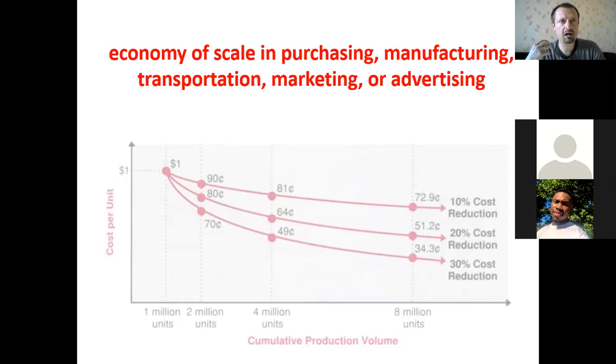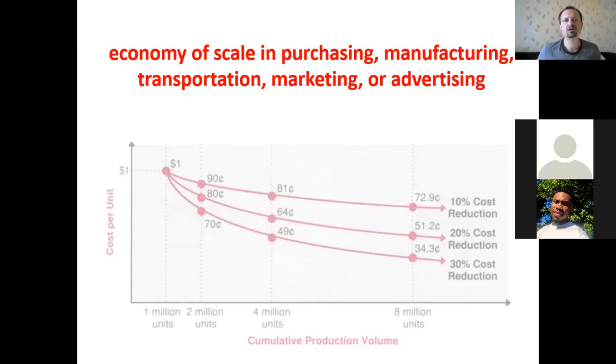So to buy raw materials for 2 million will be much cheaper than to buy raw materials to produce 1 million. I mean per unit, not generally, but per every unit.